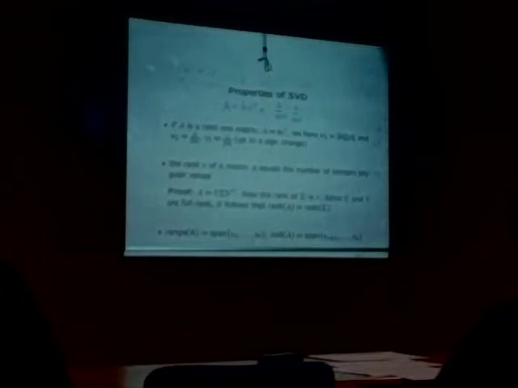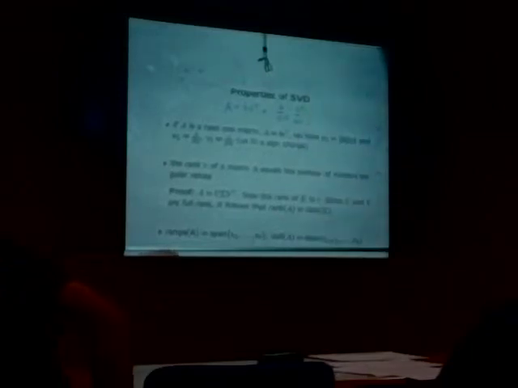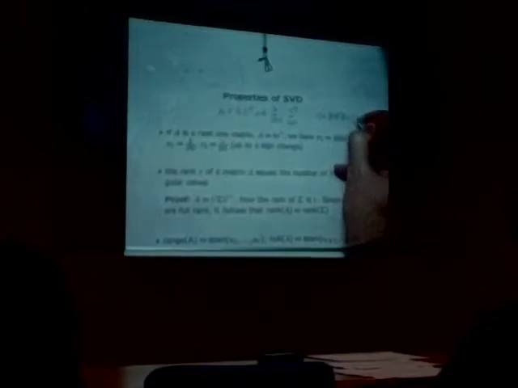We have B, we have C transpose. But this is the same as B divided by the norm of B, so that this vector has norm 1. Then you take C divided by the norm of C, take the transpose. This vector has also norm 1. And here, we put sigma, right? Sigma is just the norm of B times the norm of C.